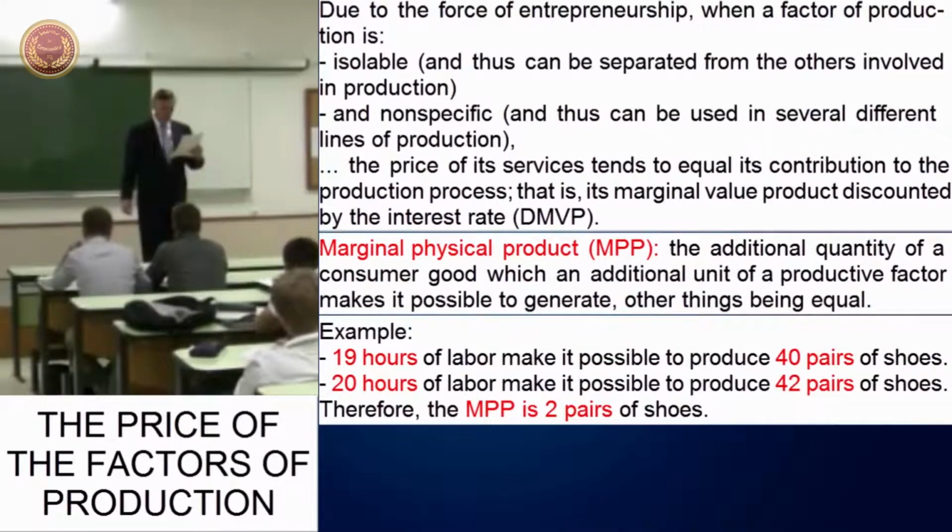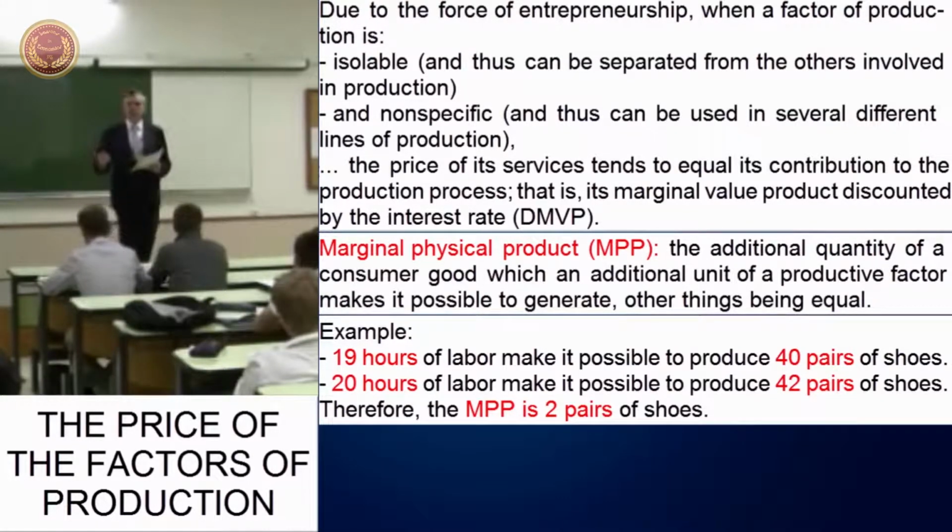Imagine that 19 hours of a shoemaker's labor permit the production of 40 pairs of shoes. Now, imagine that one additional or marginal hour, instead of 19 hours, 20 hours, will enable us to produce 42 pairs of shoes. The marginal physical product in this particular example is 2 pairs of shoes. One marginal or additional hour, at the margin, permits us to produce 2 more pairs of shoes.